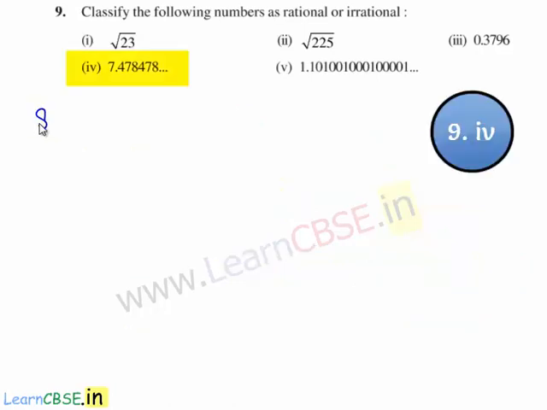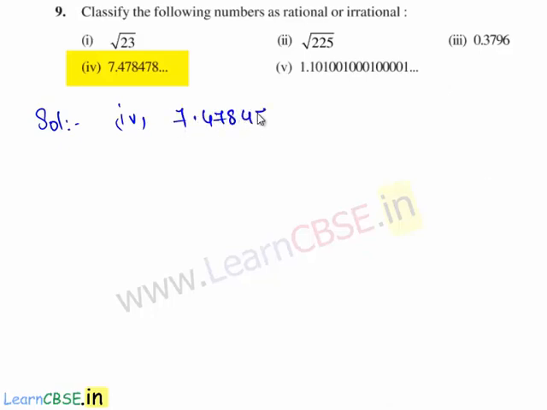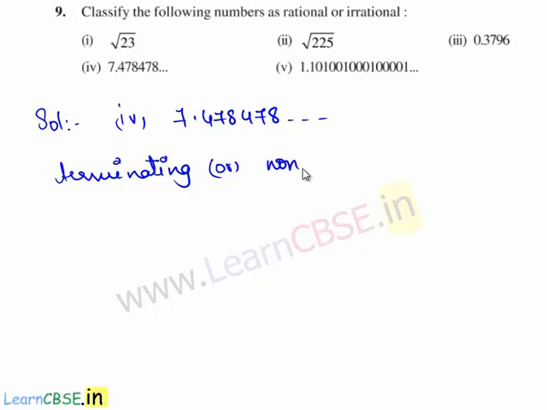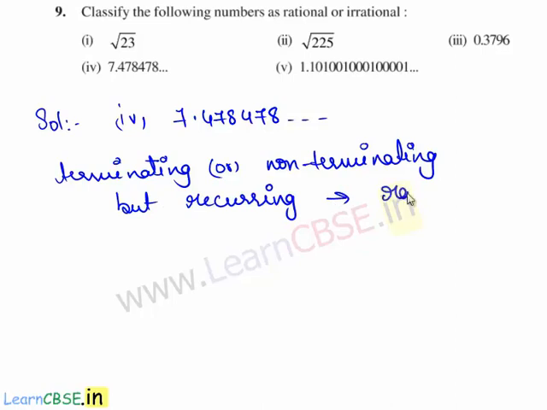Now let us move on to the fourth bit. Here we need to classify whether 7.478, 478 and so on is a rational or an irrational number. A number whose decimal expansion is terminating or non-terminating but recurring is a rational number.